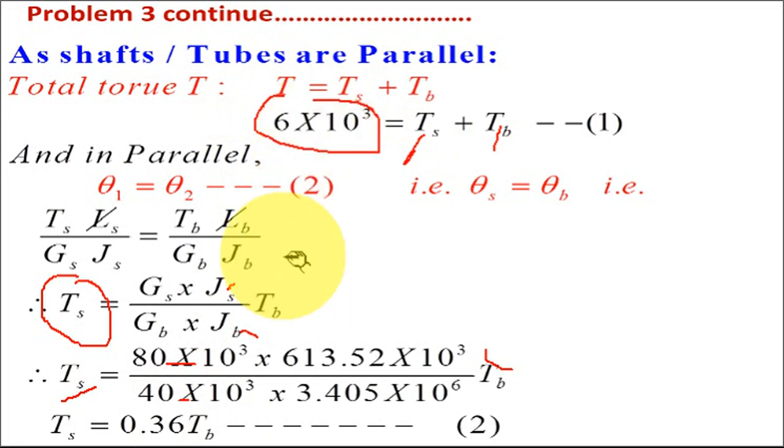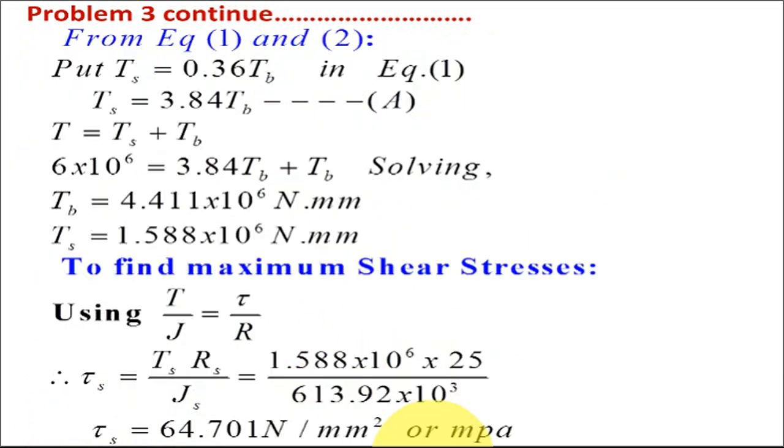Here the total T is known, and now we have got another relation, Ts is equal to 0.36 Tb, that you can put here. Instead of Ts, if you put this value in terms of Tb, your unknown will be only one, that is Tb. So here we are putting the value of that Ts in equation 1.